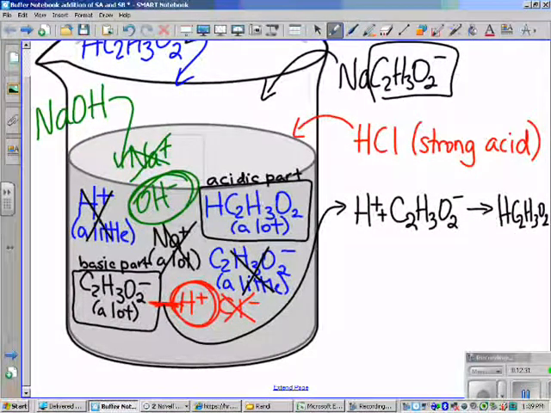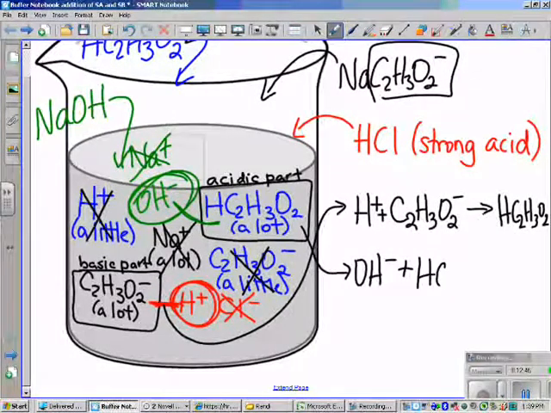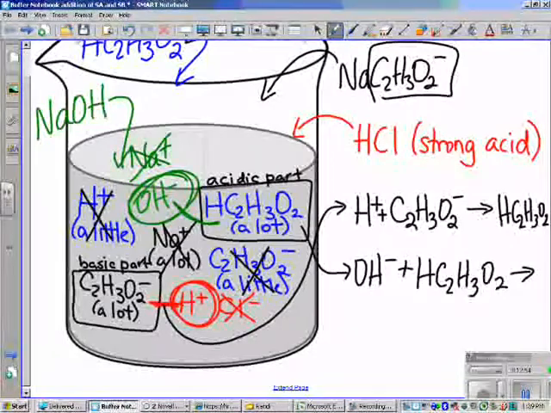So that base is going to react with the acidic part of the buffer, which is this guy right here. Okay, and your equation that will result will be OH minus plus HC2H3O2. Acids don't eat H pluses, bases take them.